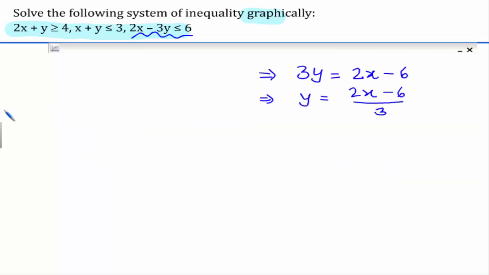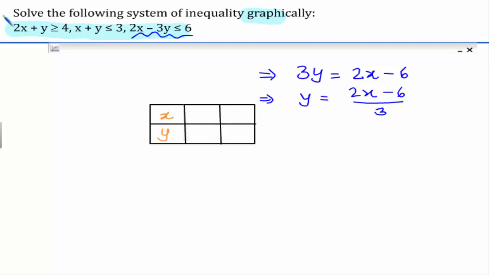Now let us find out the ordered pairs with the help of a table. Now let us select the values for x. If x is equal to 3, then it will be 6 minus 6, which is 0. If x is equal to 0, then we get minus 6 by 3, that is minus 2. So the ordered pairs will be (3, 0) and (0, minus 2).